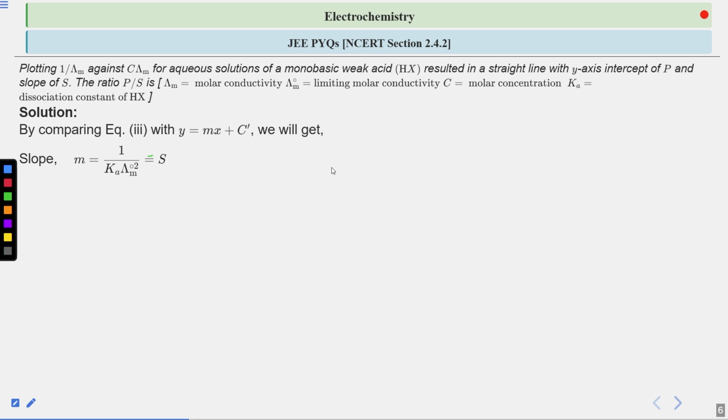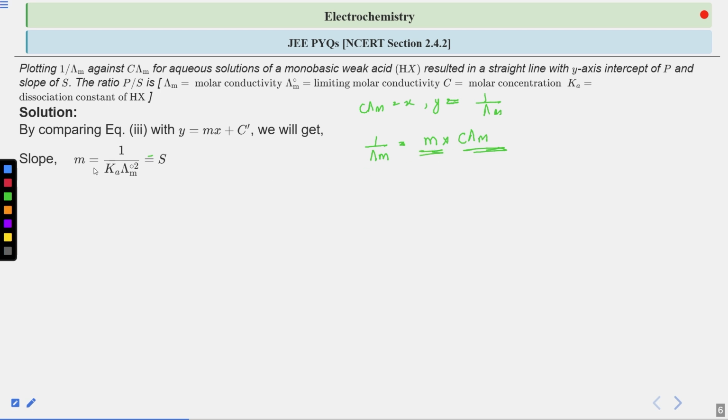So 1 by lambda m is the y variable, equal to the slope multiplied by C lambda m, the x variable. Excepting the C lambda m, whatever is present in this equation is considered as slope.